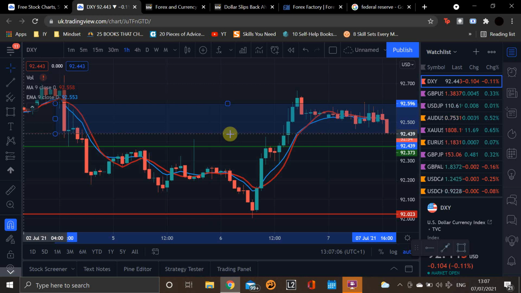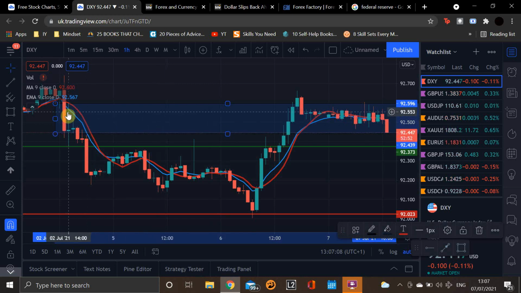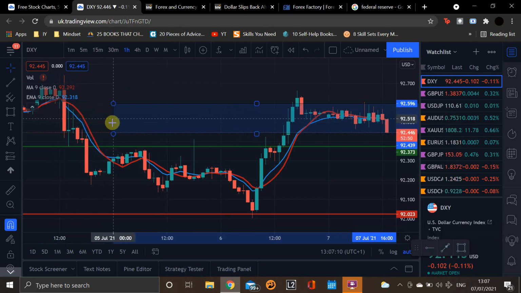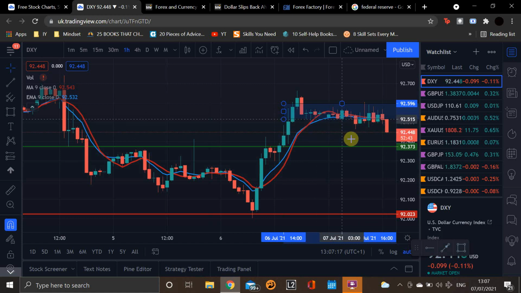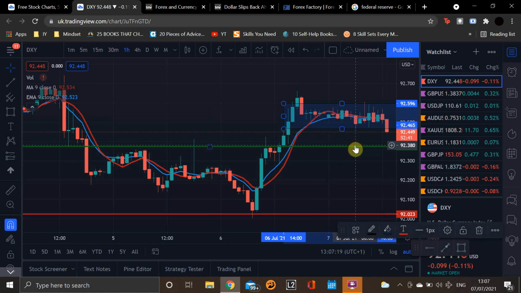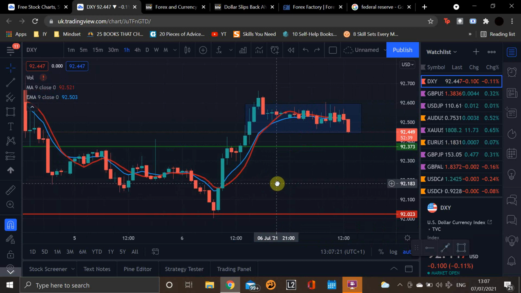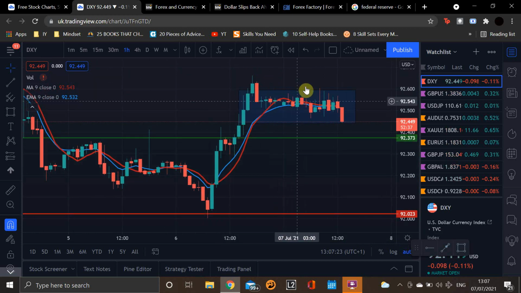Yeah, I'll draw a rectangle here. So let's consolidate in. See what happens within this box range.